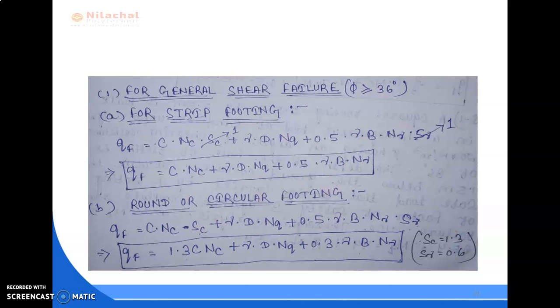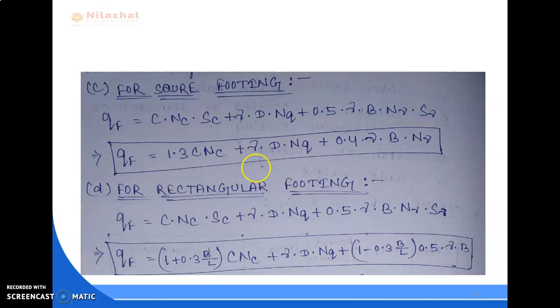If it is given in the exam that it is strip footing or circular footing or square footing, then you have to apply the formula according to these Sc and S gamma values. Next, for square footing, by putting the Sc and S gamma values, we found qf equal to 1.3 c Nc plus gamma D Nq plus 0.4 gamma B N gamma. And last one, for rectangular footing, qf equal to 1 plus 0.3 B by L times c Nc plus gamma D Nq plus 1 minus 0.3 B by L times 0.5 gamma B N gamma, after putting Sc and S gamma values.